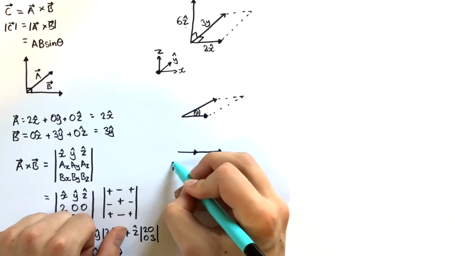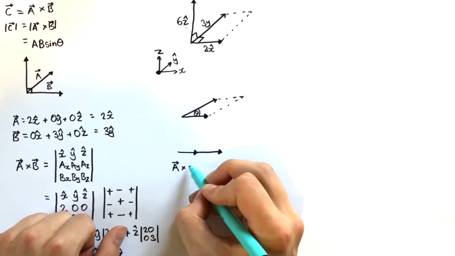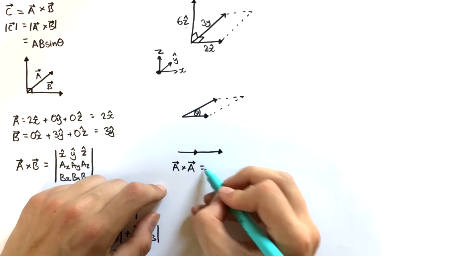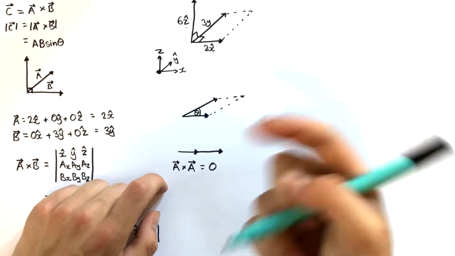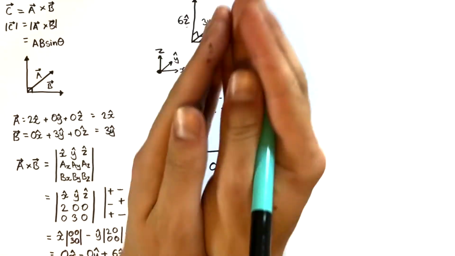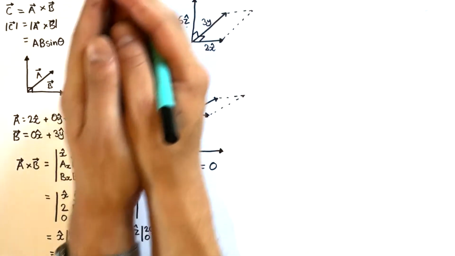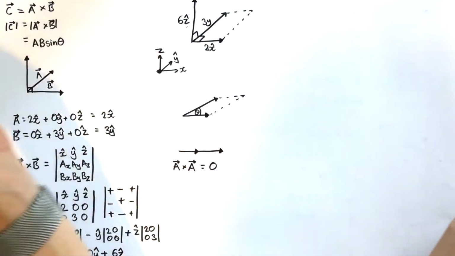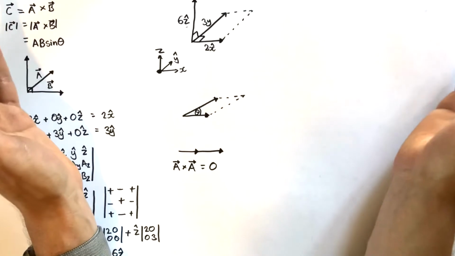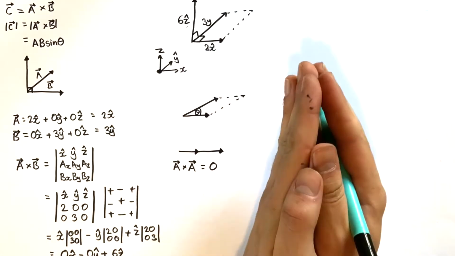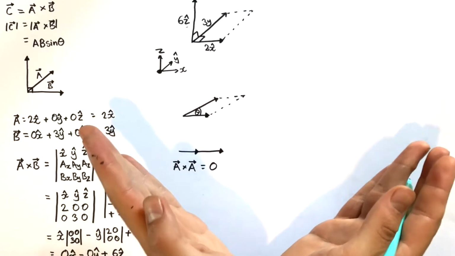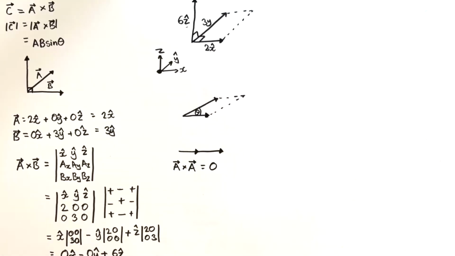So A crossed with A, if you cross two vectors that are the same, you're going to end up with 0, because it's not going to span any area. It's like having my two arms right here, they're parallel, they're not spanning any area. Whereas if I open them up to 90 degrees, then I'm going to have maximum area. There you go, that's probably a bit better. So no area, and then maximum area right there.